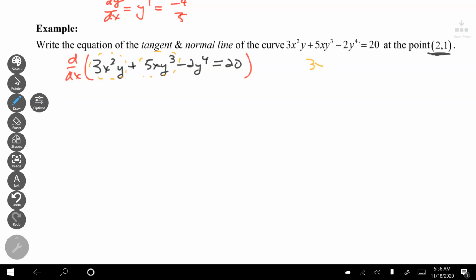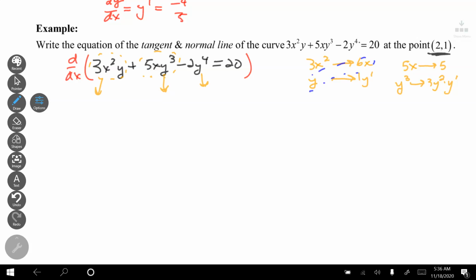I have a 3x squared, 6x, I have a y, 1y prime, and I have my other product rule, 5x, 5, y cubed, 3y squared times a y prime. Every time you do a y, you've got to put in an extra y prime. So I'm going to have a product rule here, I'm going to have a product rule here, and this one is no product rule. It comes out nice.